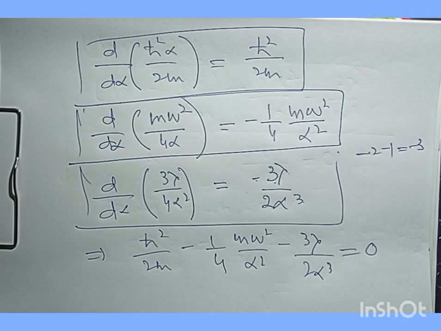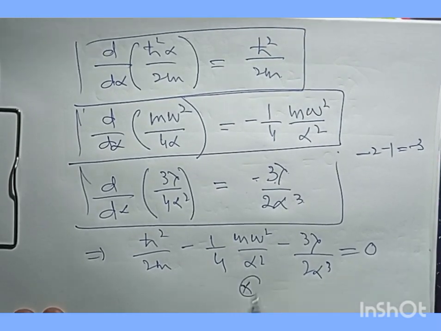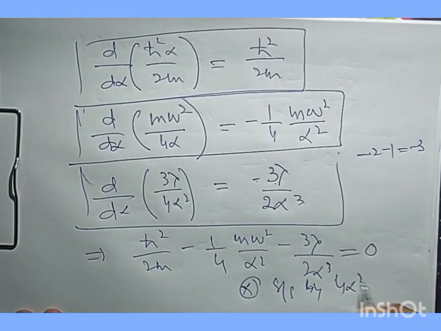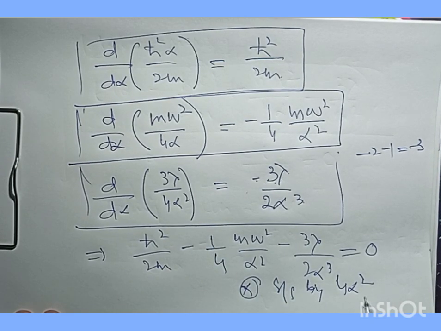All right, now in order to solve this, we can multiply this equation on both sides by 4 alpha square, to eliminate the denominator.